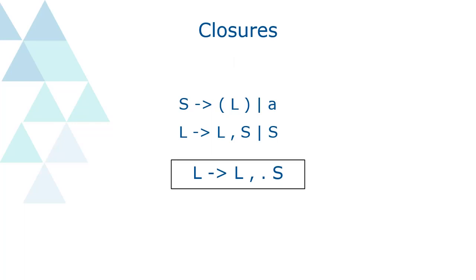The one that is open bracket L, close bracket, and the one that just ends with terminal symbol A. And we can insert that into our closure as a single line or as two separate lines. If in these two lines there is another non-terminal symbol after the dot, then we will repeat the process.